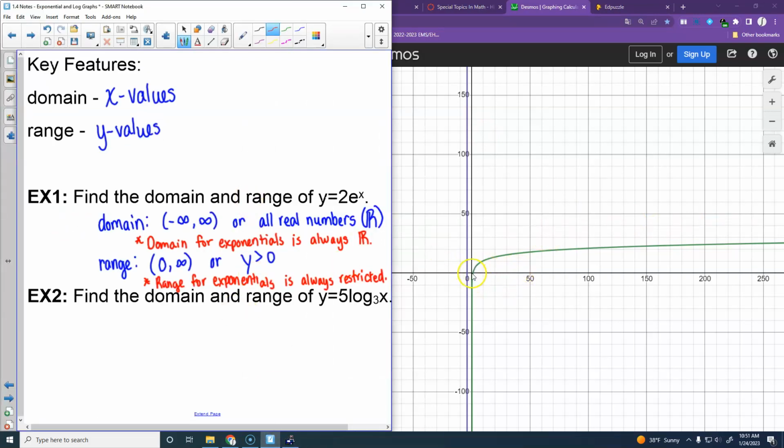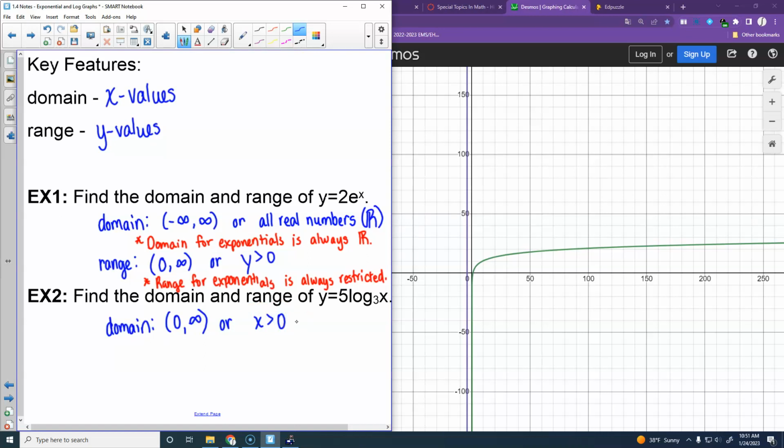This is at 0, the very lowest our x-coordinate can go. So for this one, our domain would be from 0 to infinity, or x is greater than 0.